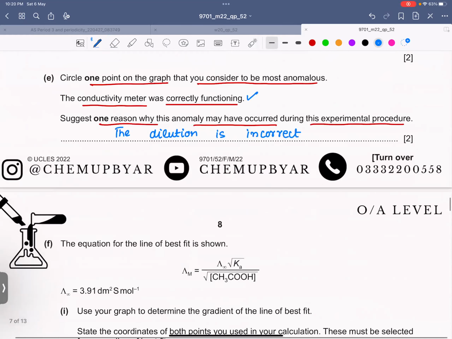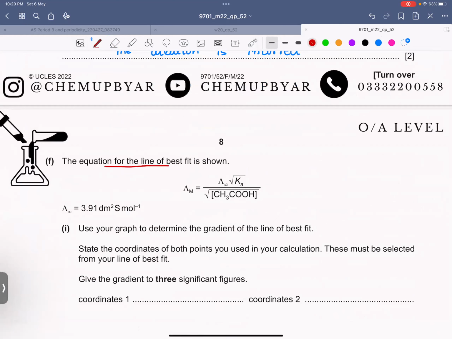Now, the equation for the line of best fit is shown. Okay. Here, the conductivity, this value, is 3.91 dm square Siemens mole inverse.